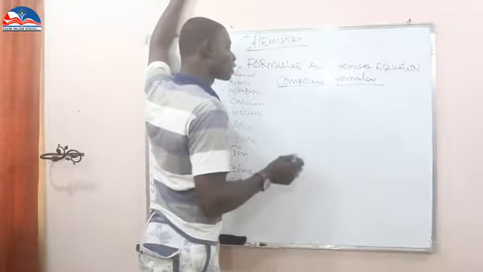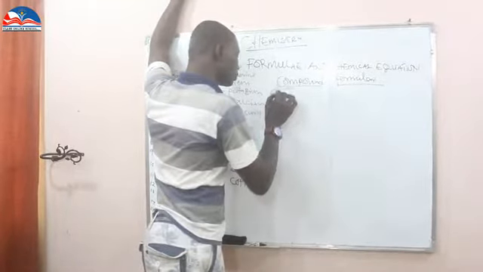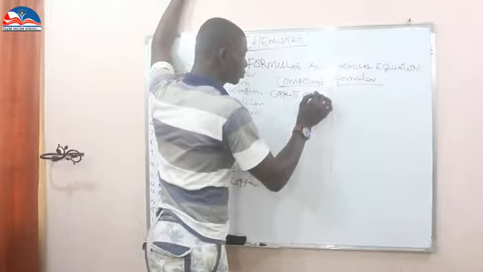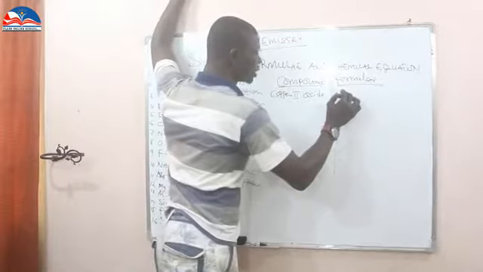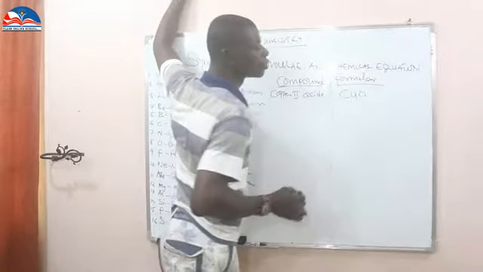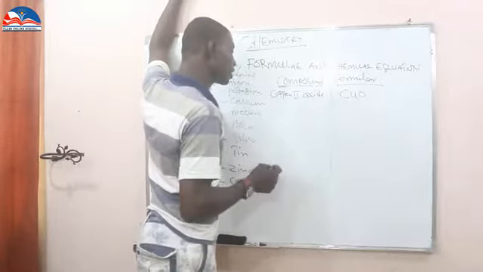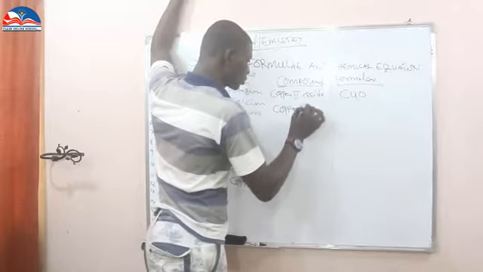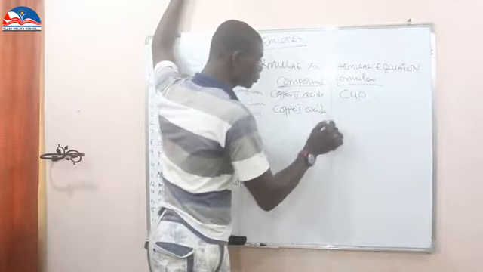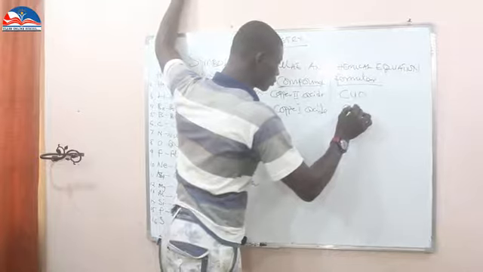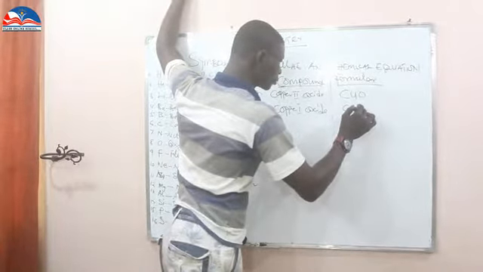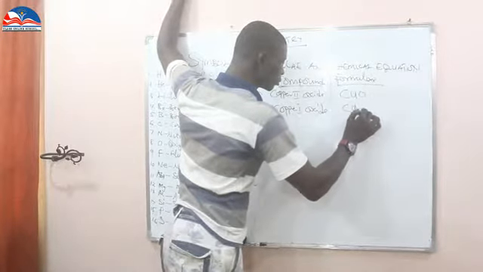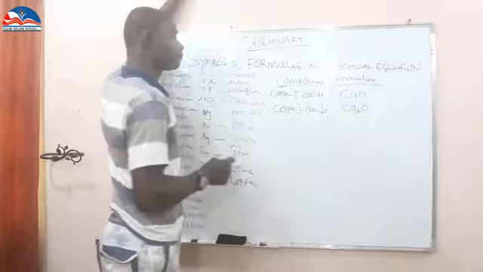Now if I say copper 2 oxide, you see it in this form, CuO, copper 2 oxide. If I say copper 1 oxide, you see it in this form, Cu2O, copper 1 oxide.